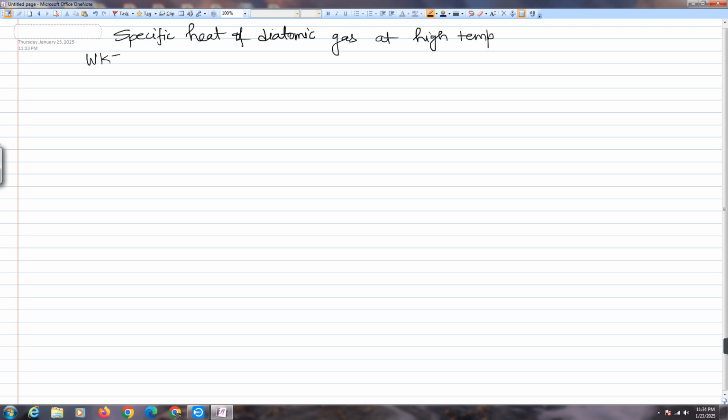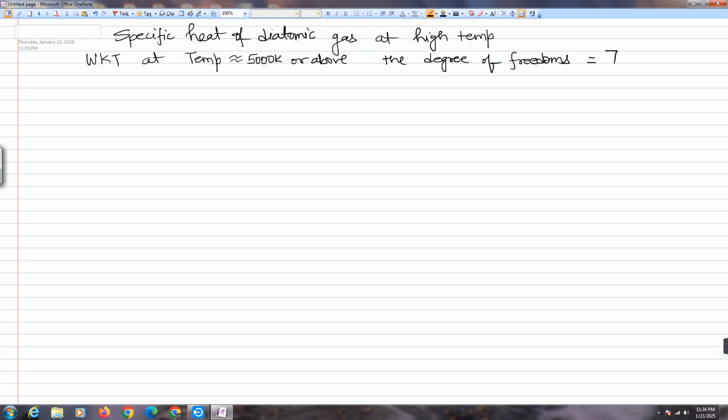We know that at high temperature, which is approximately equal to 5000 Kelvin or above, the degrees of freedom for a diatomic gas will be 7. 2 additional degrees of freedom because of vibrational motion.